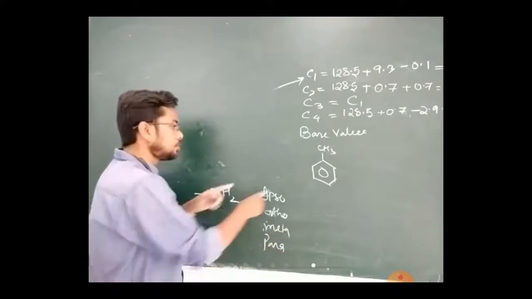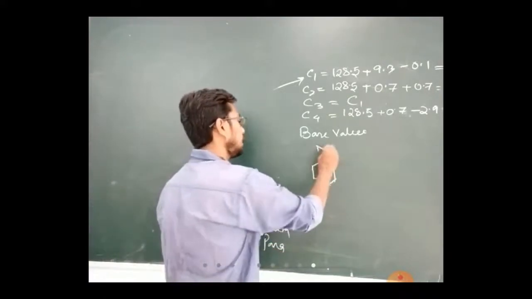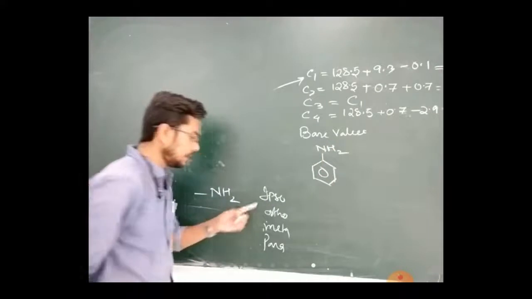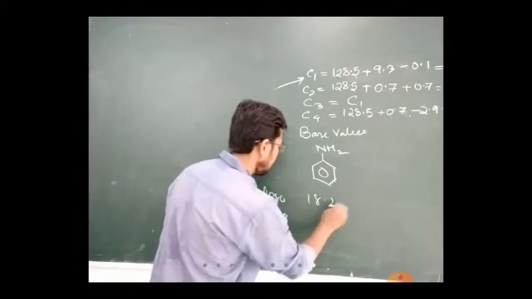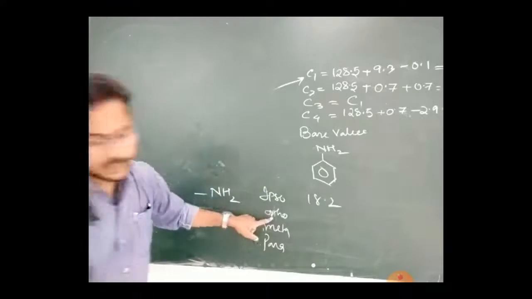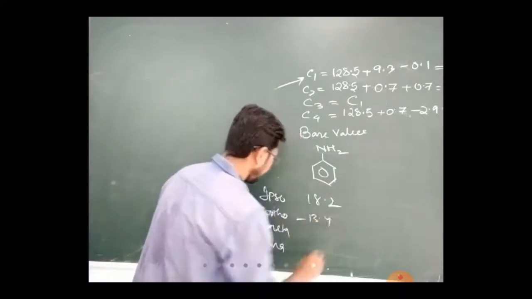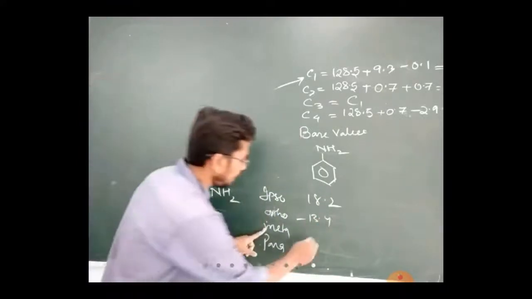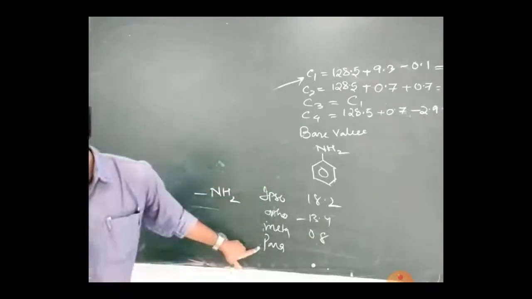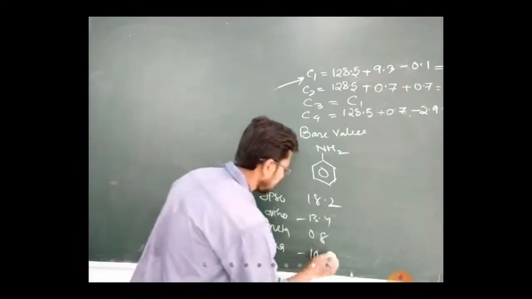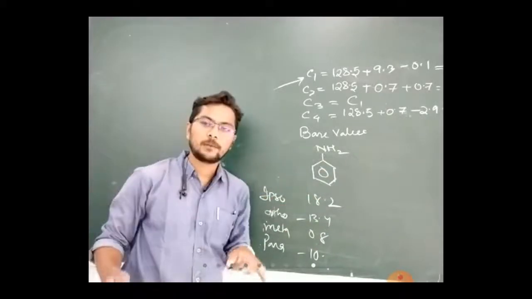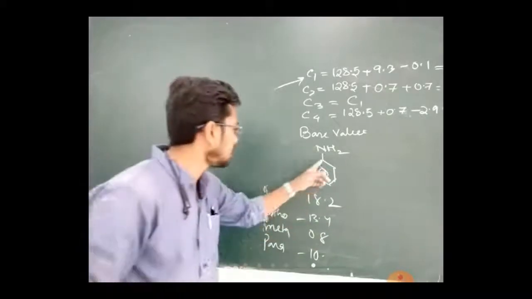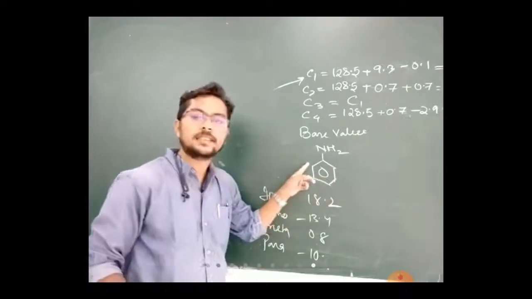If the NH2 group is present, then for ipso substitution it is given as 18.2, ortho minus 13.4, meta 0.8, and para minus 10. You have to use these values and find out the different values of C1, C2, C3, C4, C5, C6.